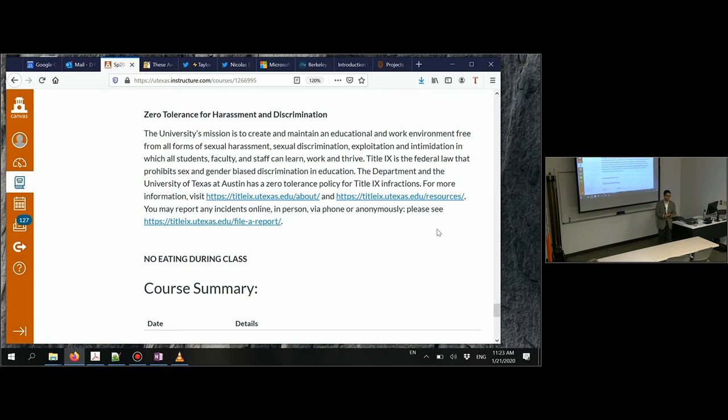And please bear in mind, I don't know if you have read this Title 9, but we should have a community that does not discriminate based on any type of profiling of people, okay? So please be respectful with all your fellow students. And I usually put this: no eating during class, when I was teaching at noon.